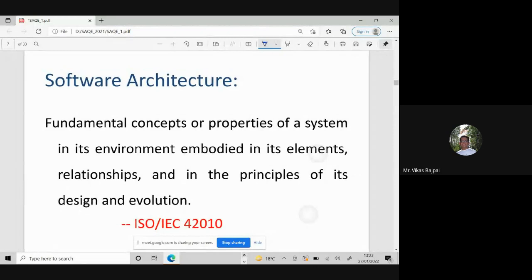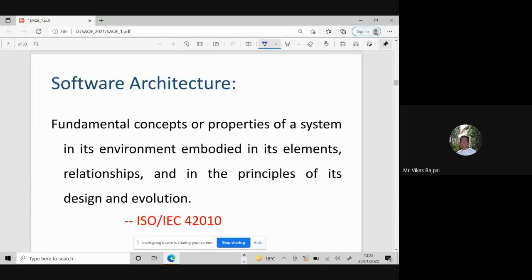So this is the definition of software architecture I took from ISO/IEC 42010. Here, the fundamental concepts are the properties of a system in its environment, embodied in its elements and relationships, and the principles of its design and evaluation. These things become part of your software architecture.